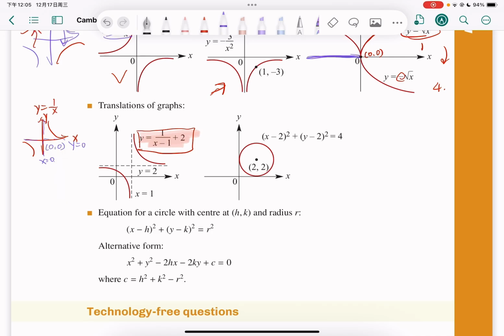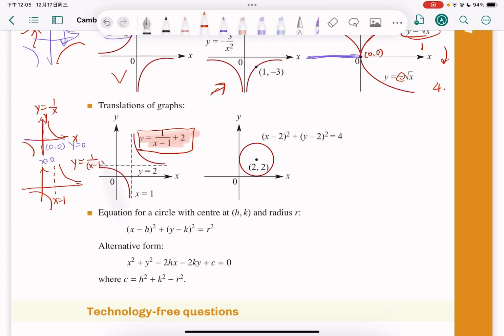So note that the cross of the asymptotes is 0, 0. And if we want to move the graph to the right, that means our vertical asymptote becomes x is equal to 1. So we cannot take the value of x is equal to 1. And that actually means for the denominator, we have x minus 1.